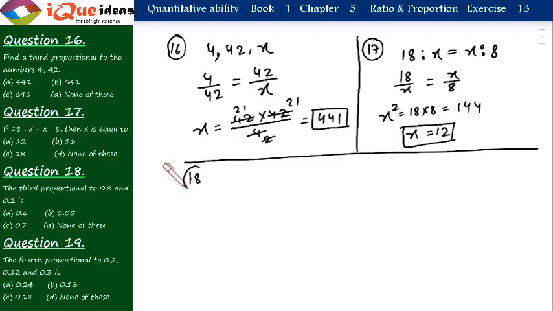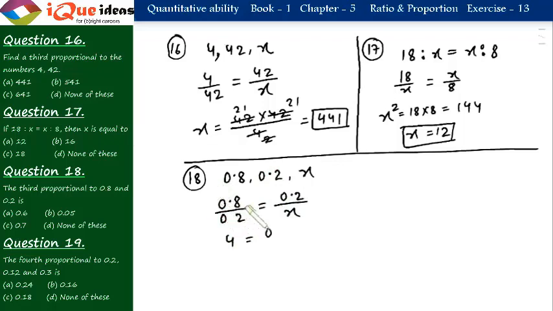18th question says third proportional to 0.8 and 0.2. So 0.8, 0.2 and x. What we do is 0.8 upon 0.2 is equal to 0.2 upon x. As you can see, 8 upon 2 is 4.